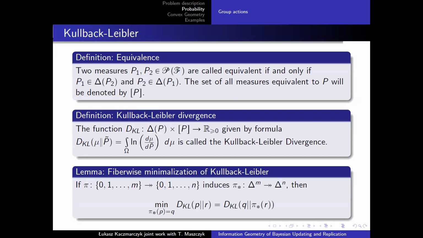This may look pretty trivial and maybe even innocent, but this is exactly the lemma that guarantees that the Kullback-Leibler divergence may be reinterpreted as a functor from, let's say, the category that lives fully in the realm of probability to the category that breathes and lives not only geometry, but information geometry.